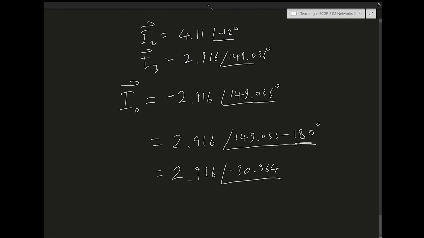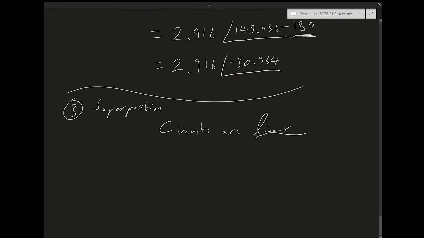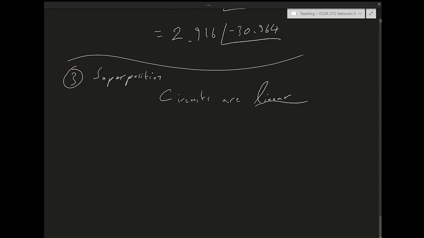All right, so the next technique we want to review is the technique of superposition. In superposition, we take advantage of the fact that circuits are linear, meaning we can calculate the response of our circuit with respect to the two sources separately, and then once we get the result due to the two sources separately, we can add them together to get the complete response.